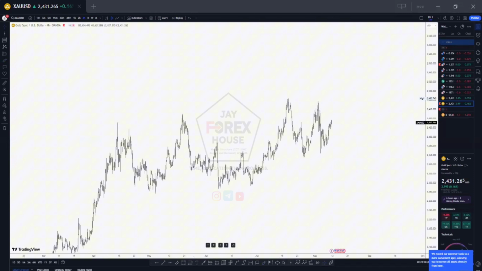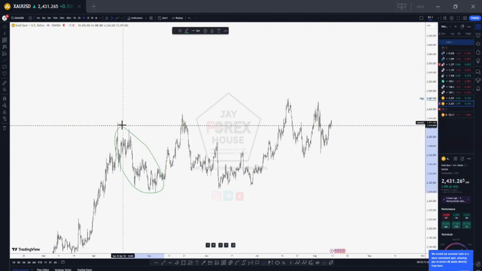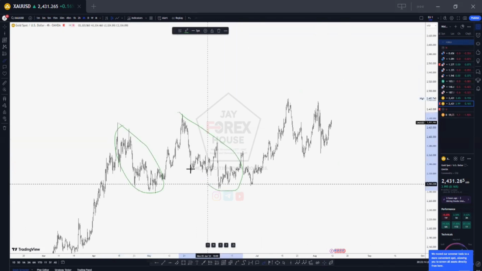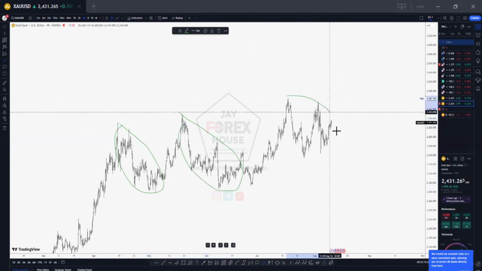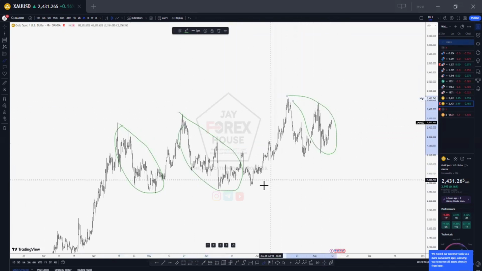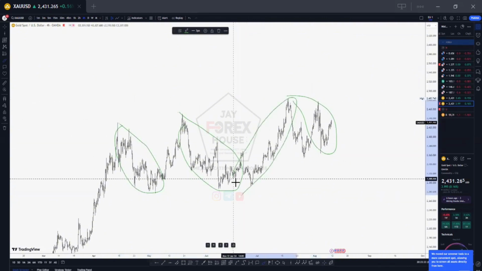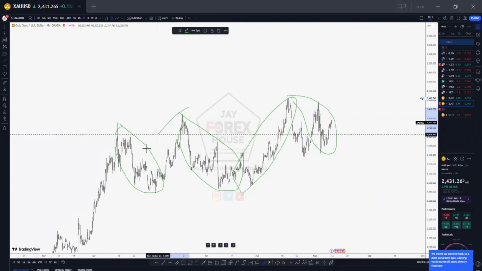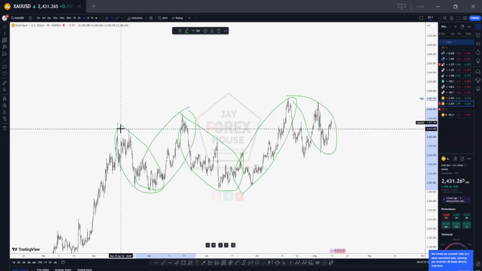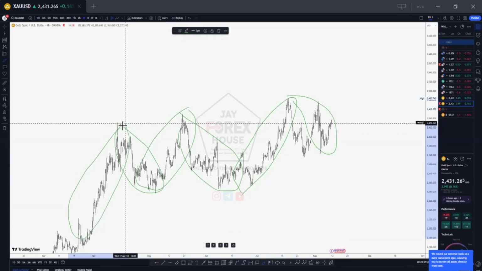when you look at the bigger picture here, you have this as a correction, this as a correction, this as a correction, okay? And then you have this as an impulse, this as an impulse, this as an impulse.